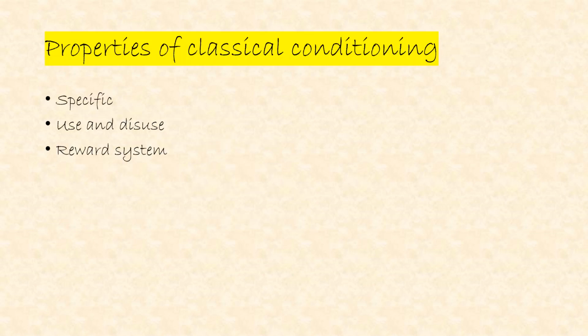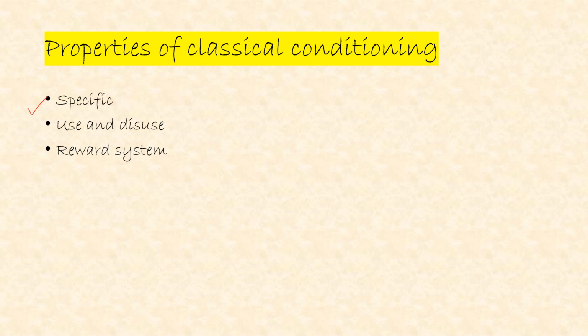These are the properties of classical conditioning. Number 1 is specificity. A conditional response to learning has a more or less specific stimulus. If a conditional response is created with a specific sound, another one will not work.